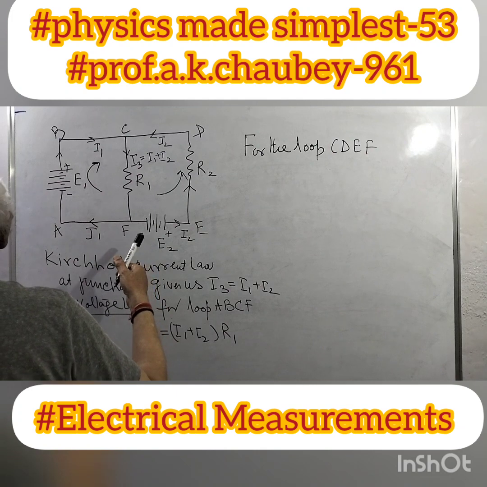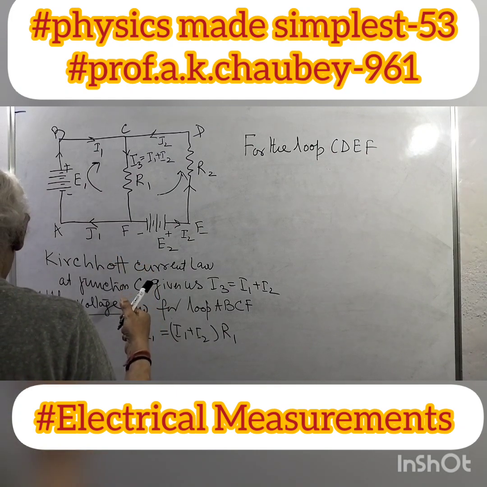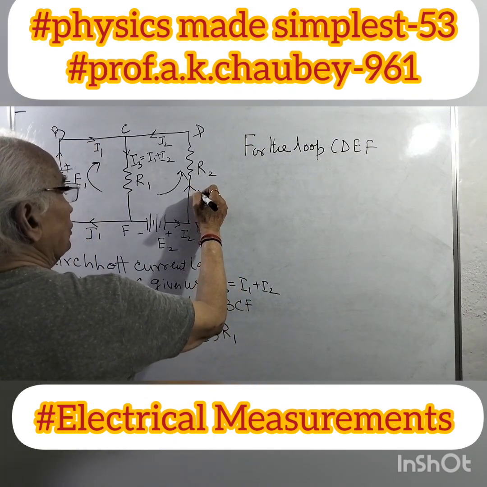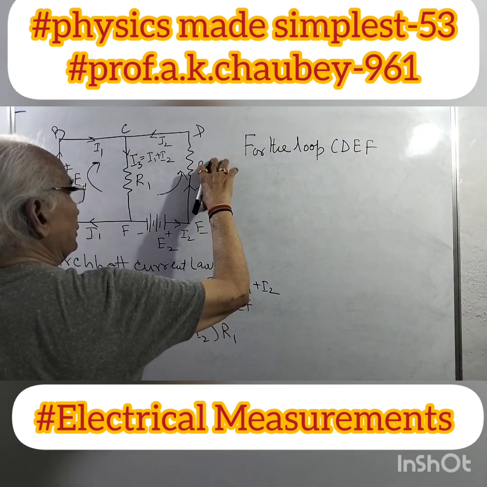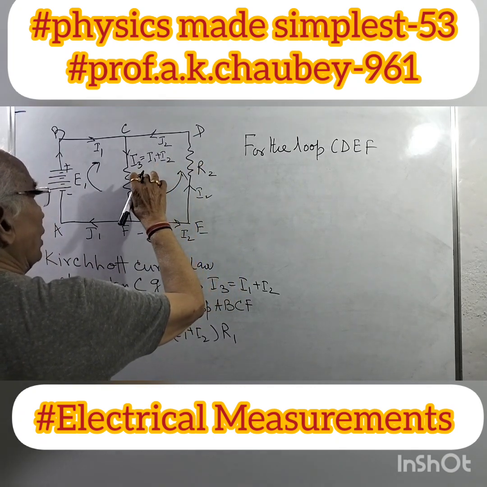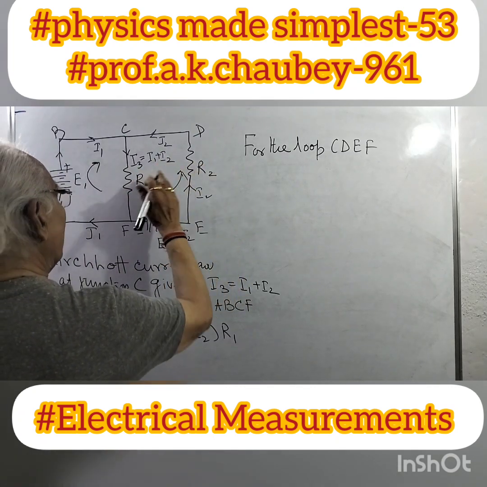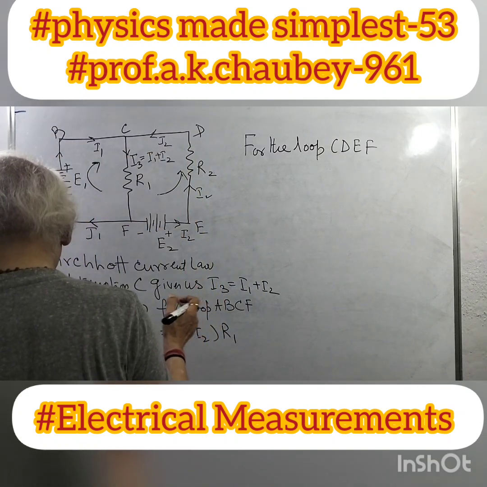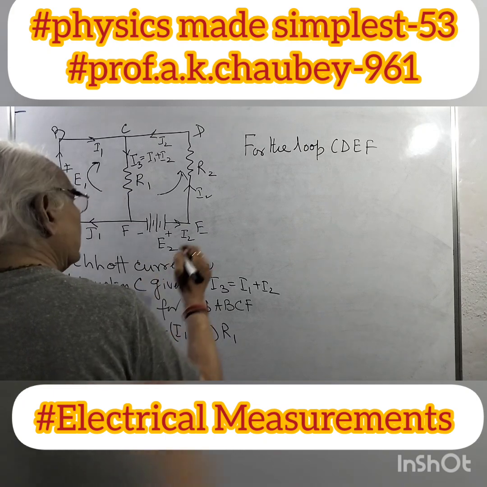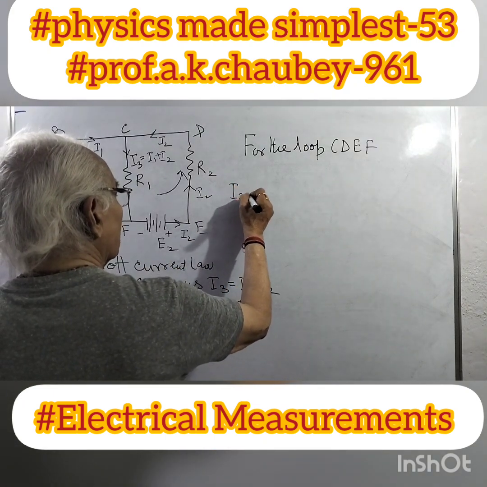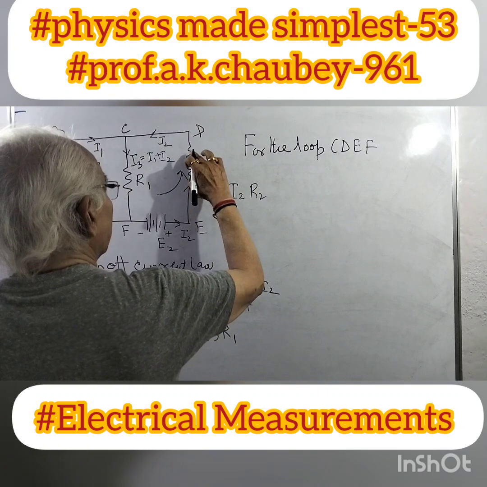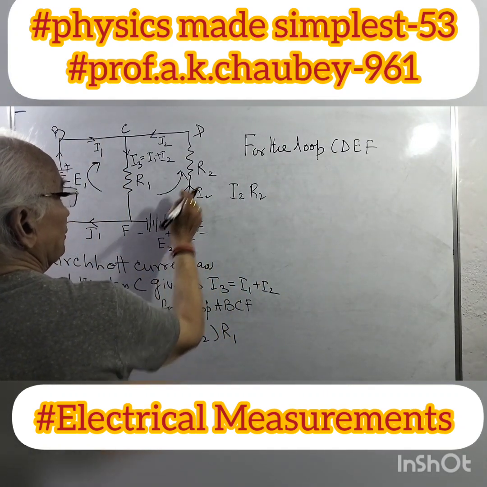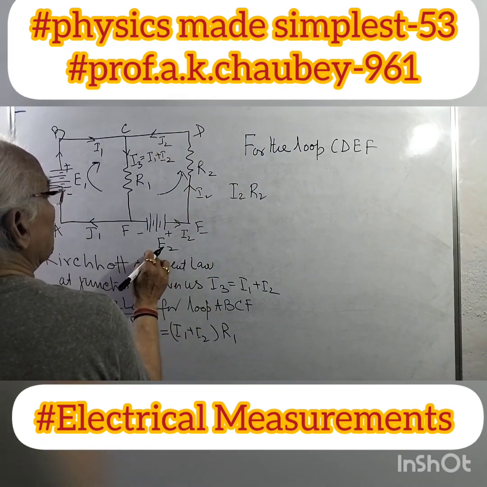So we can see the voltage drops. I2R2 is the voltage drop here, where the current is I2, and I1 plus I2 times R1 is the voltage drop here. But both voltages are opposite because the current directions are opposite. So for this loop we write I2 into R2, this voltage drop, and E2 is the voltage here.